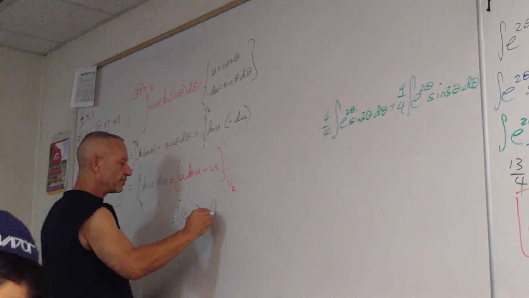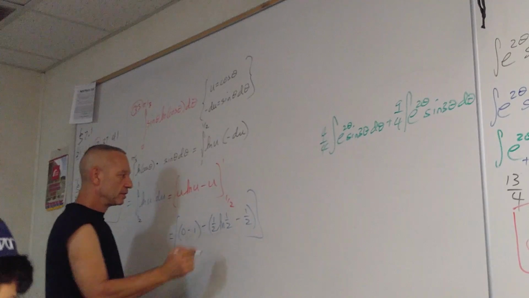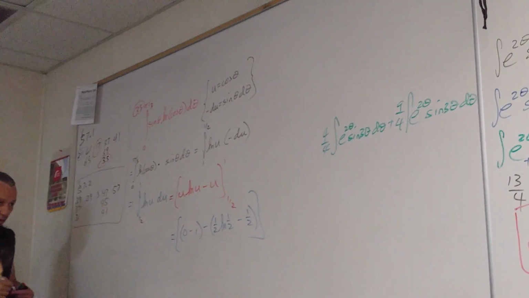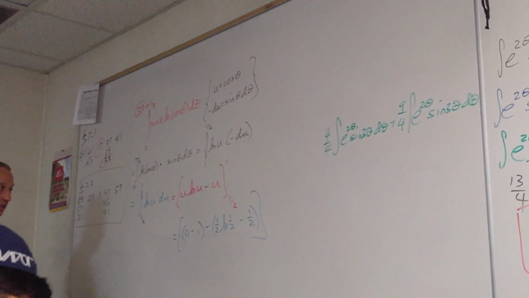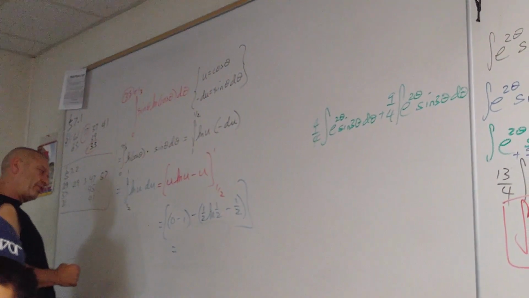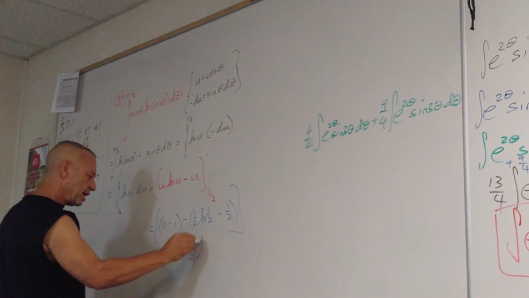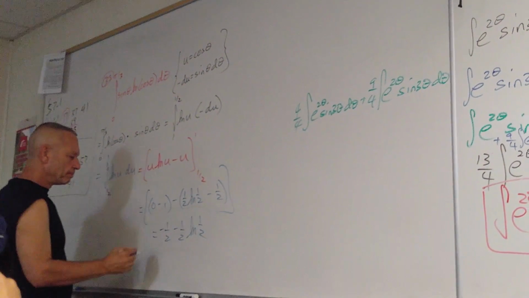All right, 1/2 ln 1/2 minus 1/2. Is that good? So what do we get there? It looks like minus 1/2 minus 1/2 the ln of 1/2. Is that right?